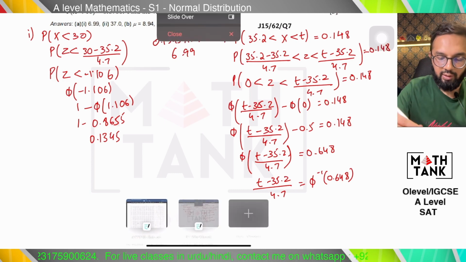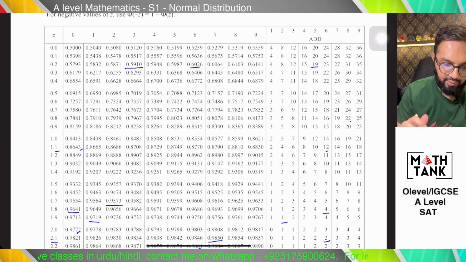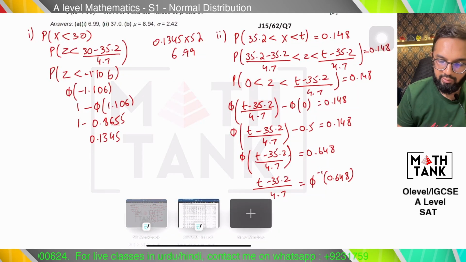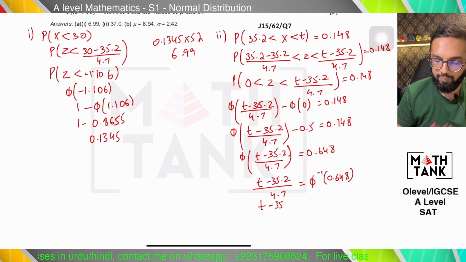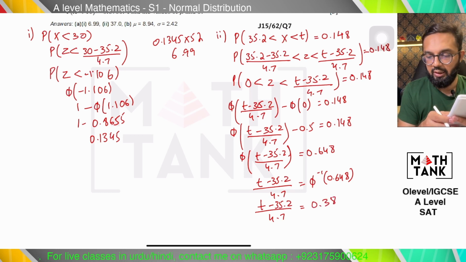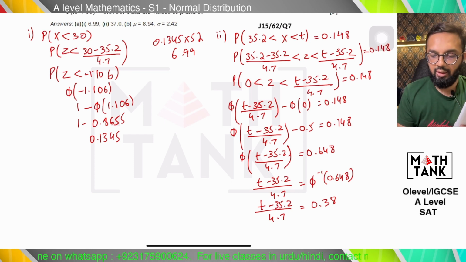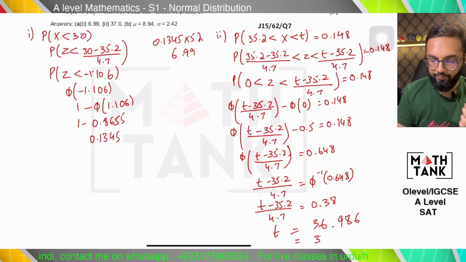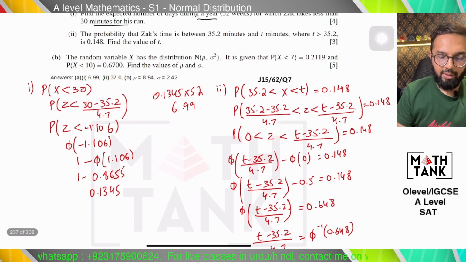Okay, 0.648, again from inside the table I'm reading in reverse. 0.648, there it is, 0.38. So T minus 35.2 over 4.7 equals 0.38. 0.38 into 4.7 plus 35.2 gives me T, which is 36.986, approximately 37. Okay, so that was part 2.